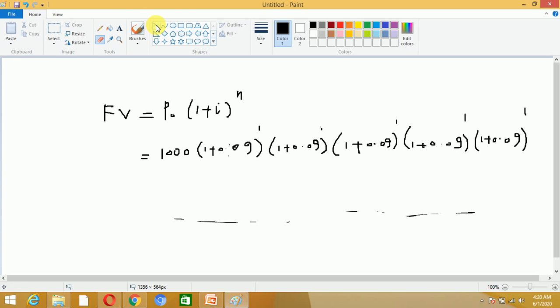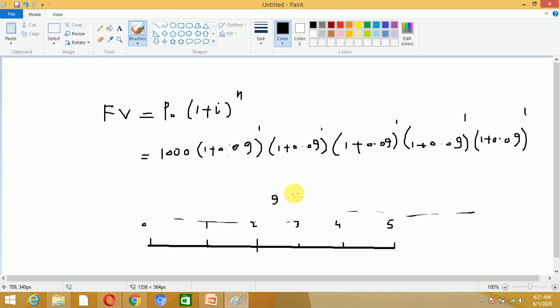Just like on our timeline, we draw this: 0, 1, 2, 3, 4, and 5. The interest was 9%.